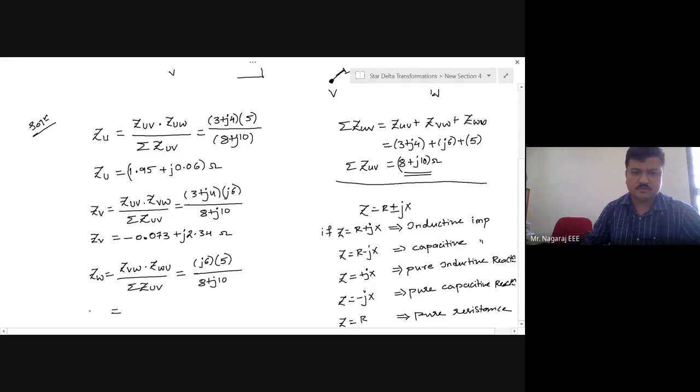It is 6i into 5 divided by 8 plus 10i. It is 1.83 plus 1.46j.